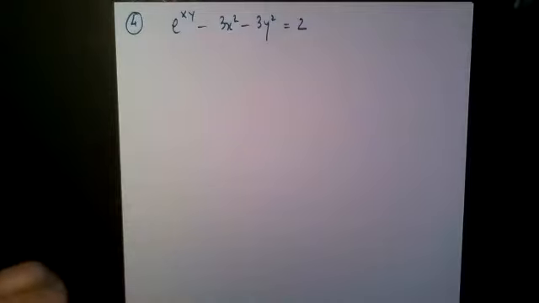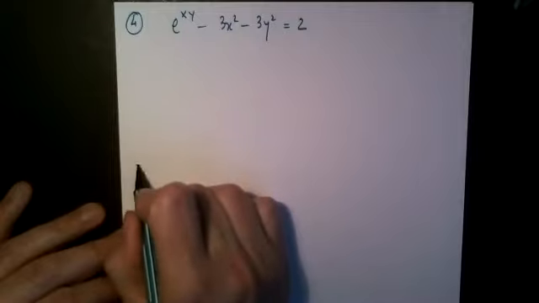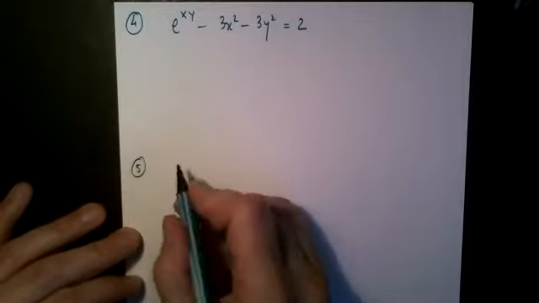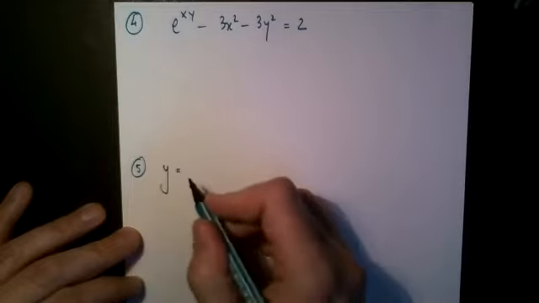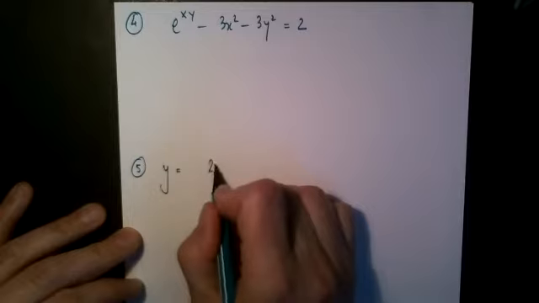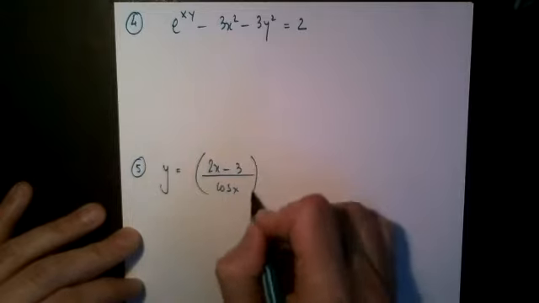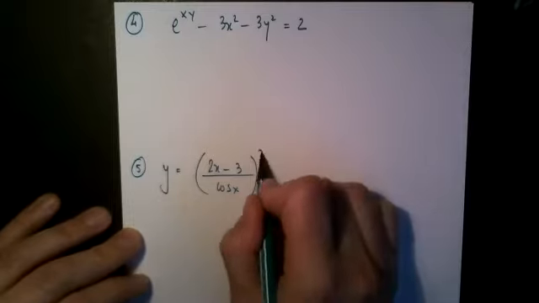Okay, so again, find dy dx or y prime. And then one more here, number 5. y is equal to 2x minus 3 over cos x, all this to the power of x.